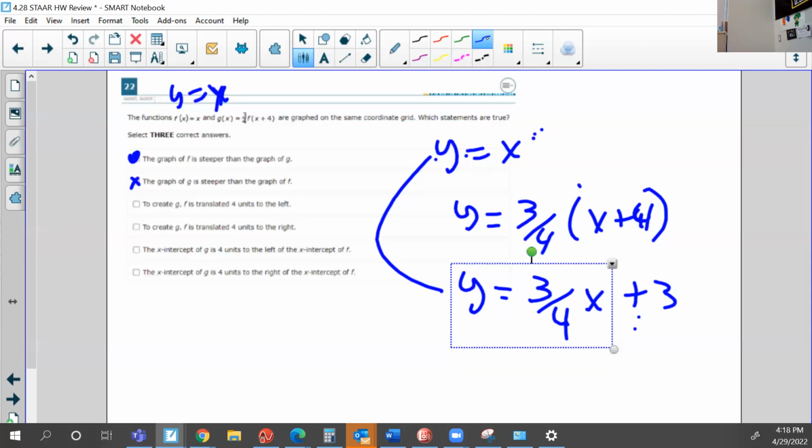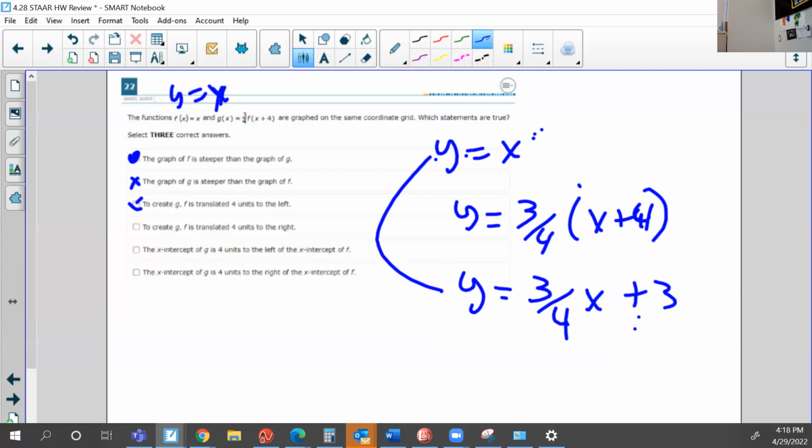Okay, to create the transform G, F is translated 4 units to the left. Is that a true statement? x plus 4, remember? If it's a plus 4, that means the graph shifts to the left. So G is to the left.